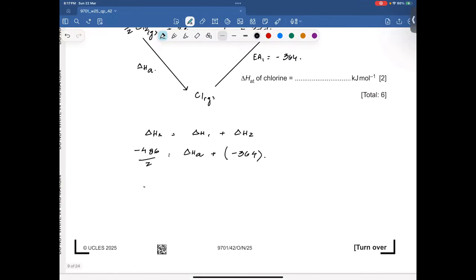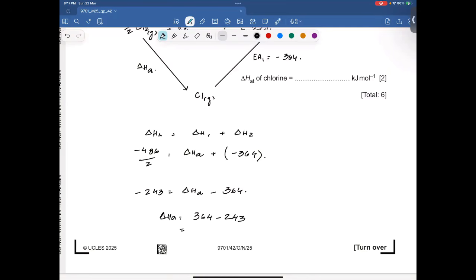So you will have minus 486 divided by 2, which is minus 243, equals delta H A minus 364. So delta H A is basically 364 minus 243.